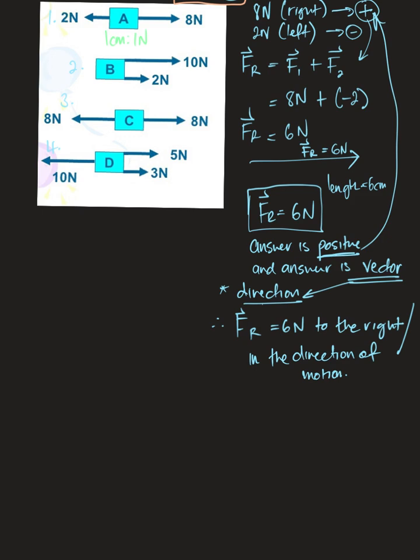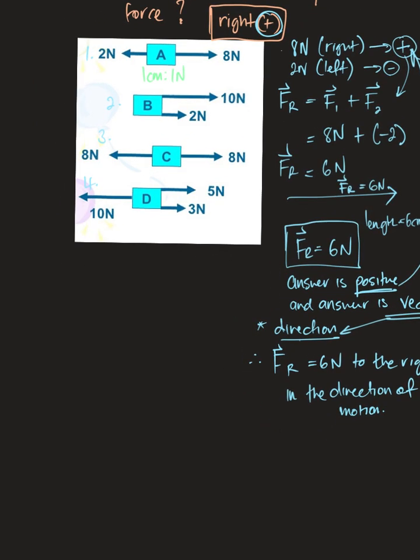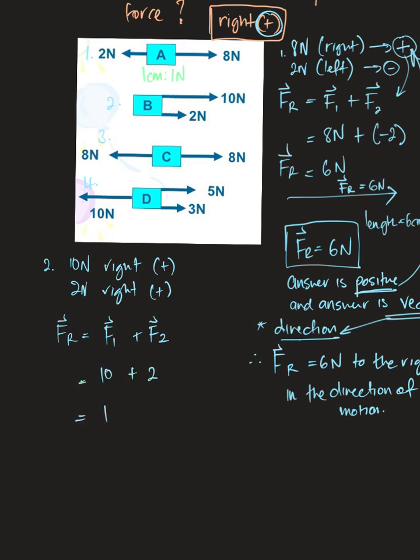Right. Let's look at question 2. So this one's question 1. Question 2: here I've got 10 newtons moving to the right, and I've got 2 newtons moving to the right. So both of these values are positive. If I say FR is equal to F1 plus F2, 10 plus 2 is going to give me 12 newtons, and the value is positive.